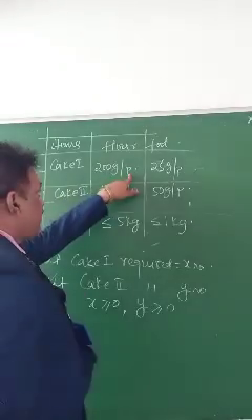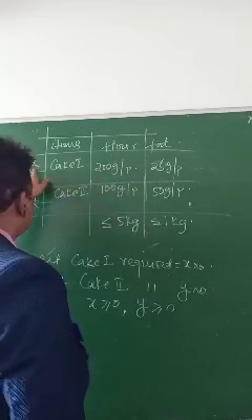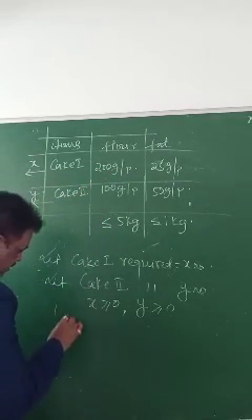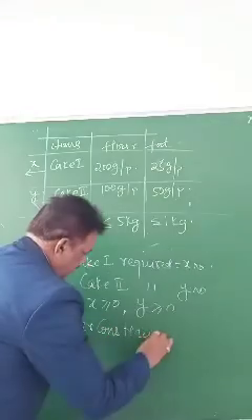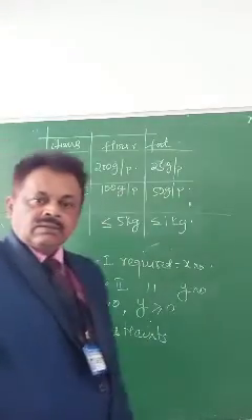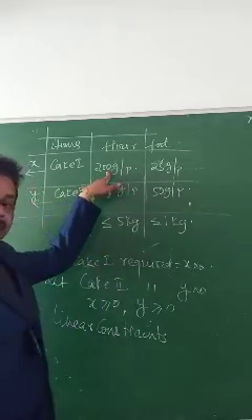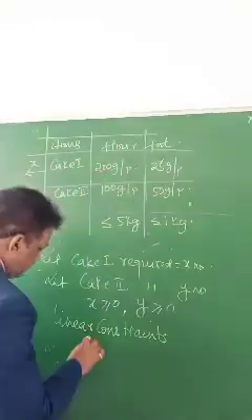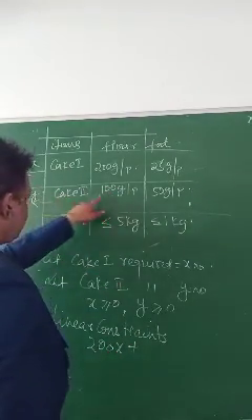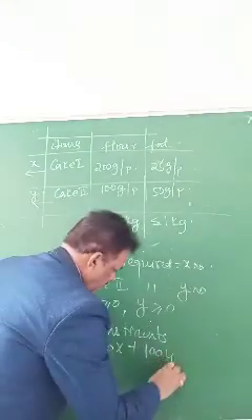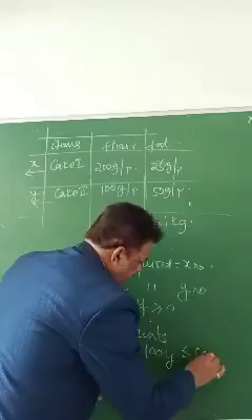How to form the linear constraints? If one piece of cake requires 200 grams, X pieces will require 200x. So the constraint is 200x plus 100y, which is in grams while the total is given in kilograms, so it is less than or equal to 5000.